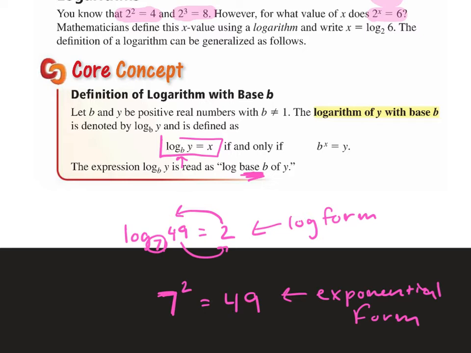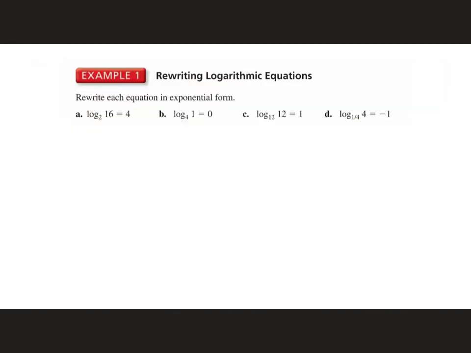For example 1, we're just taking it from logarithmic form to exponential form. So all we're doing is rewriting our equation. Our base stays our base, the 4 goes on top, and the 16 goes to the right.